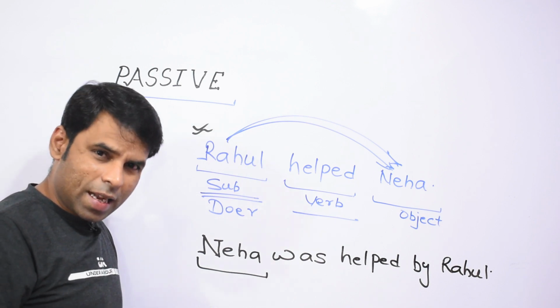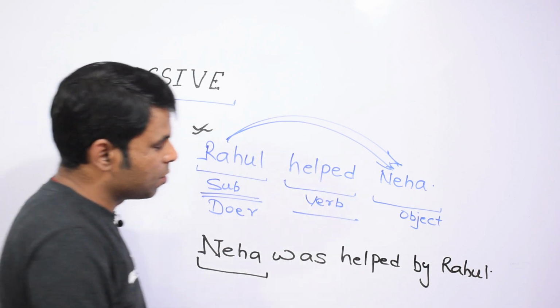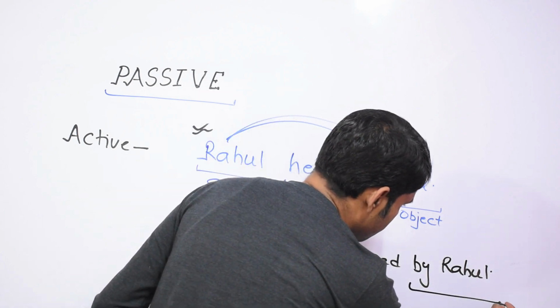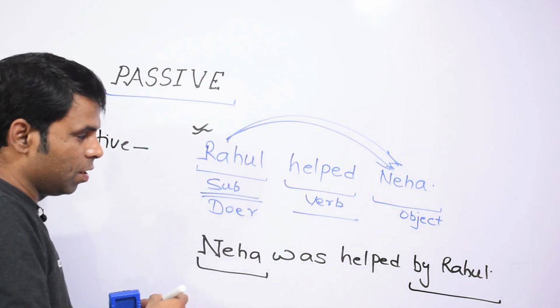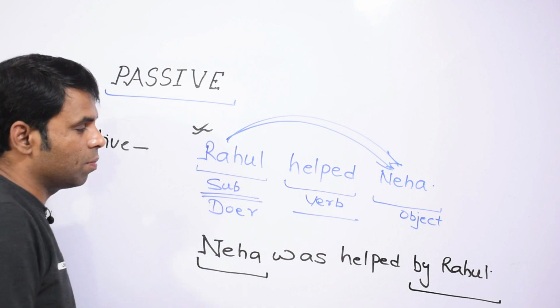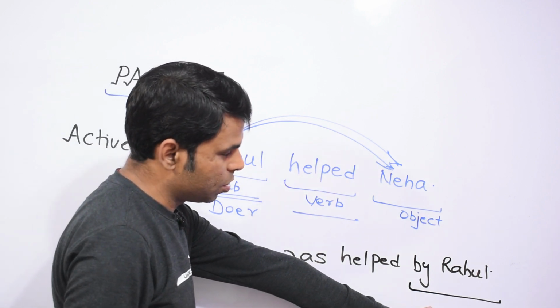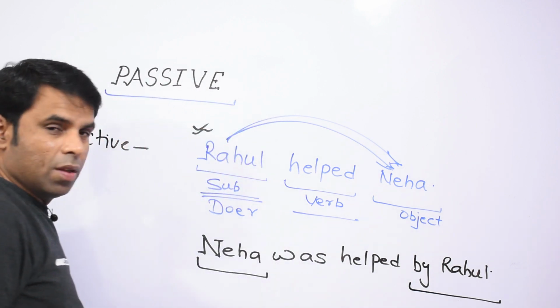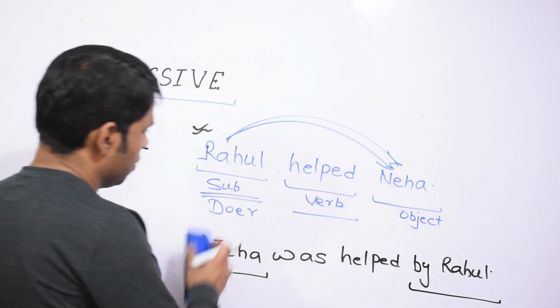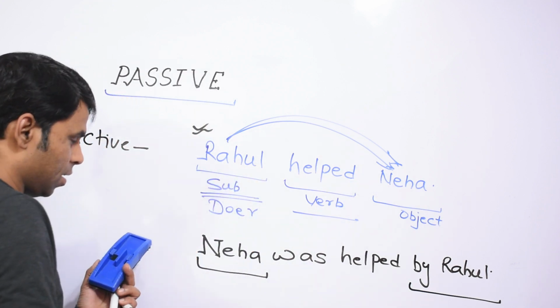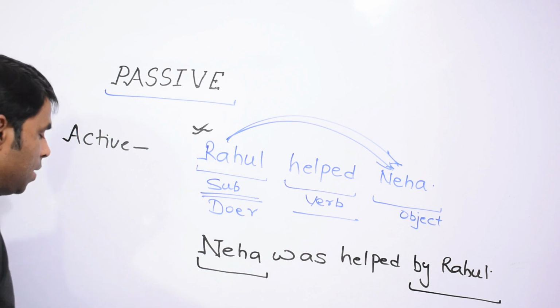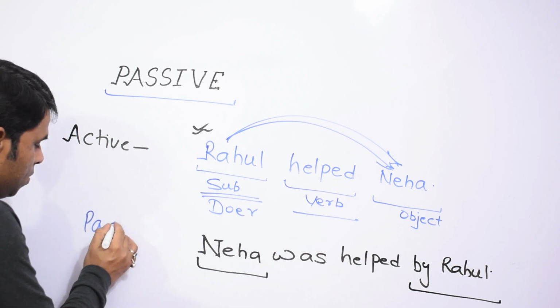We use by and then the name of the person if we want to introduce the agent, to say who actually did the job. So this is the passive sentence. I think this is very clear.